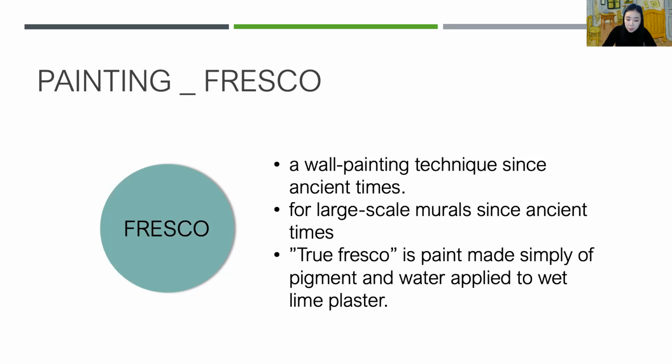True fresco is paint made simply of pigment and water applied to wet lime plaster. As the plaster dries, the lime undergoes a chemical transformation and acts as a binder, fusing the pigment with the plaster surface. So I'm gonna share a video to show the process of the fresco painting.